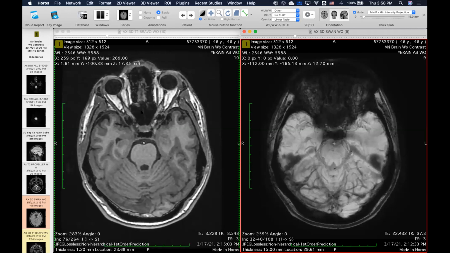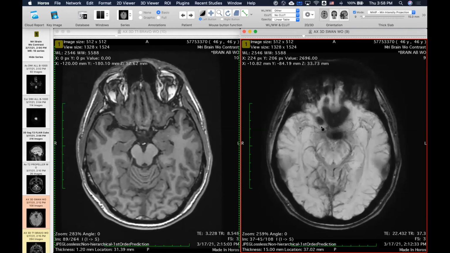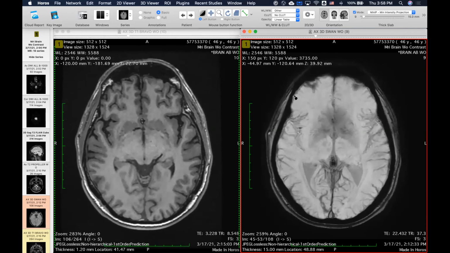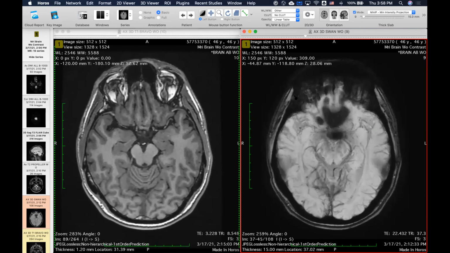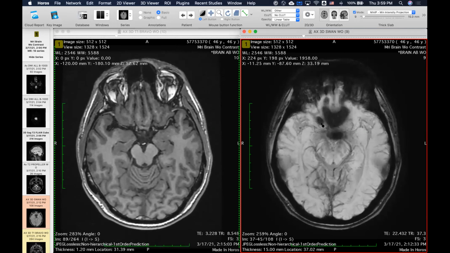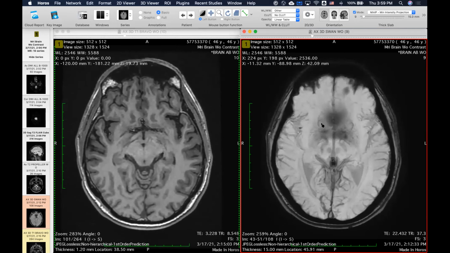It's kind of the nose, the nose pathway. So air-tissue interfaces would result in large susceptibility and hence signal dropouts along these areas, right? Like you can't even see the eyes very well, it's very hard to see them because of susceptibility. Pretty cool, huh?